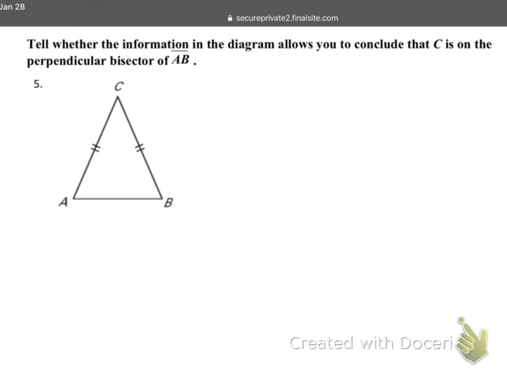So, what I know is that if C was on the perpendicular bisector of AB, then C would be equidistant from A and B. And I see, because these hash marks are the same, I can conclude it's equidistant, and therefore this point C must lie on the perpendicular bisector of segment AB.